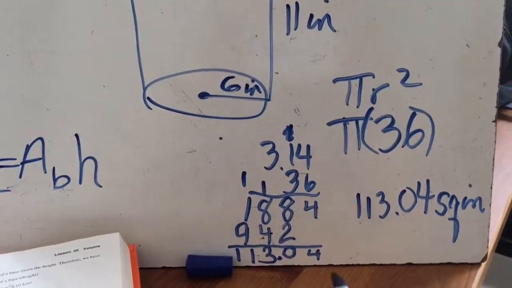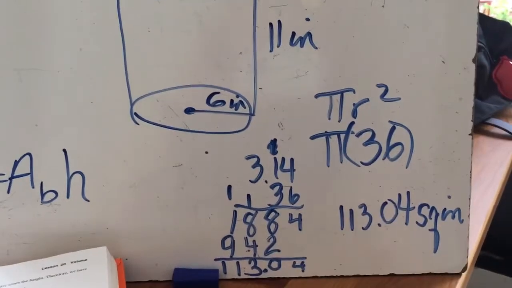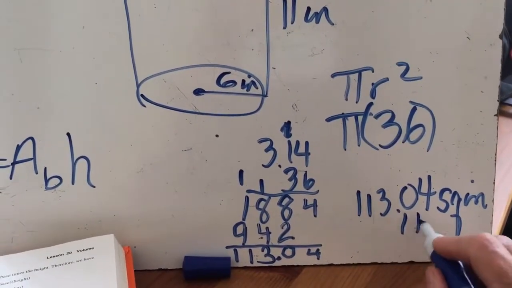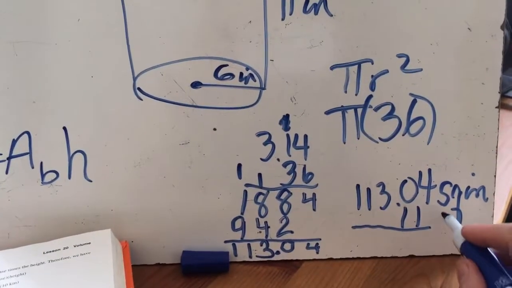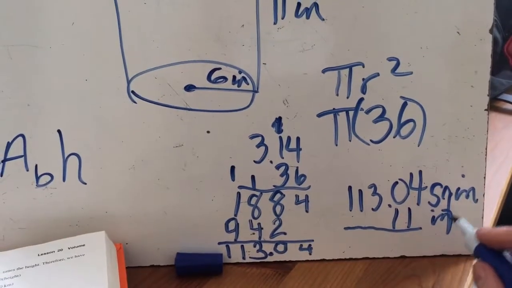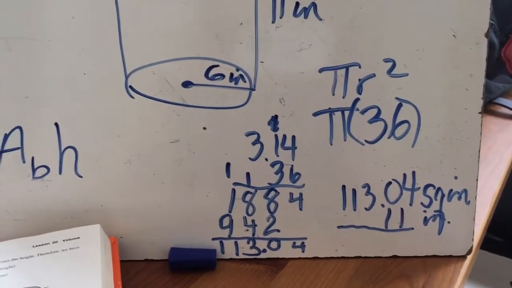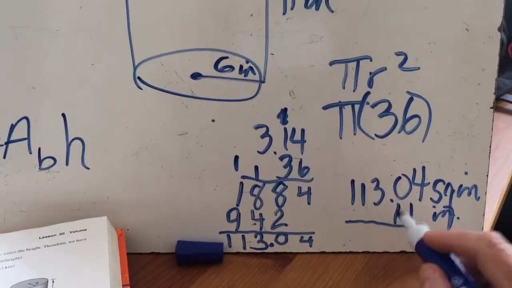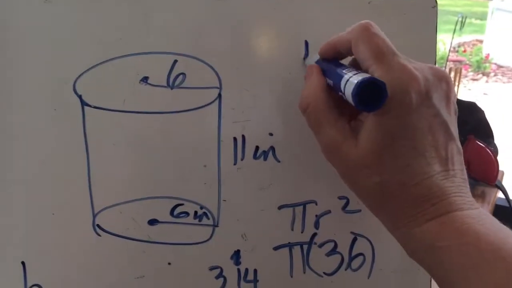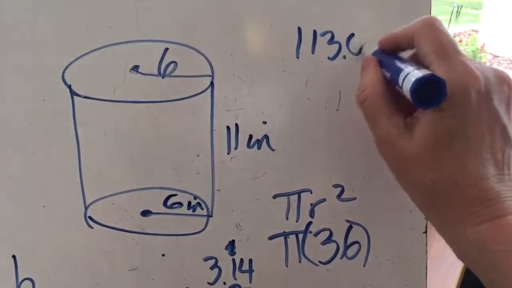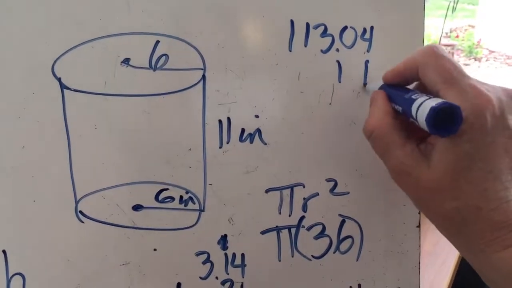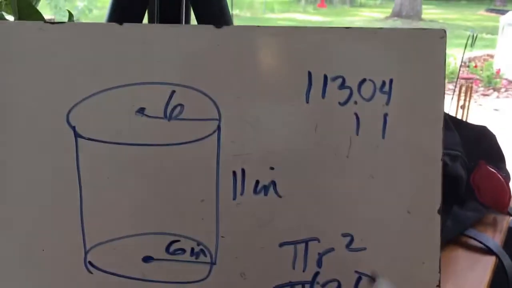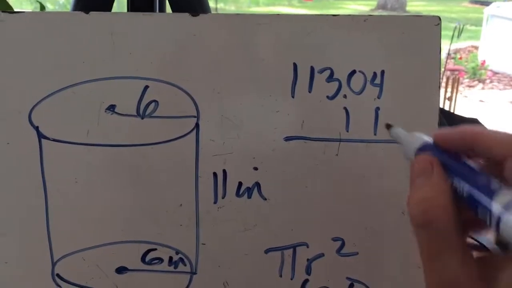And now we're going to multiply that by the height, which is 11. So we're going to multiply by 11 inches. So the square inches times the inches will give us the cubic inches. And when we're going to go up here and do this, 113.04 times 11 because we ran out of room down there. And this one's particularly easy, right?